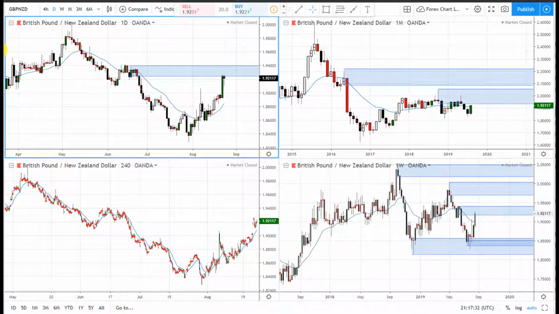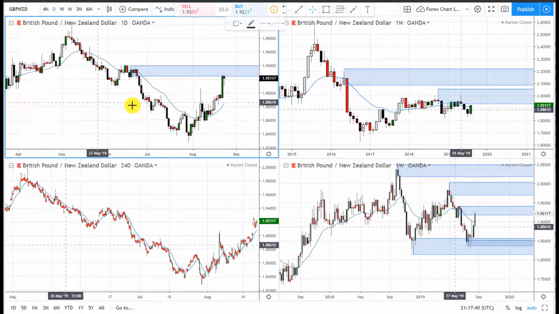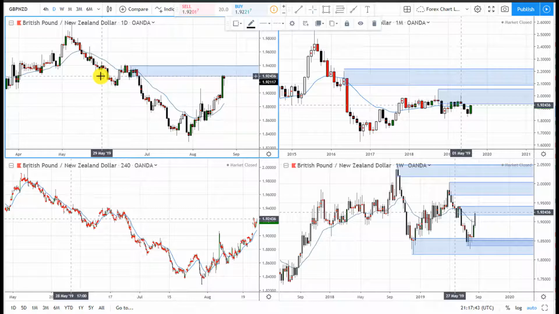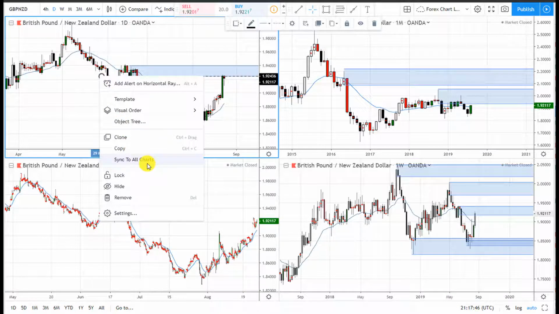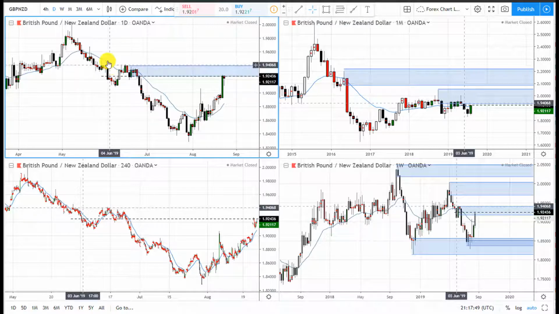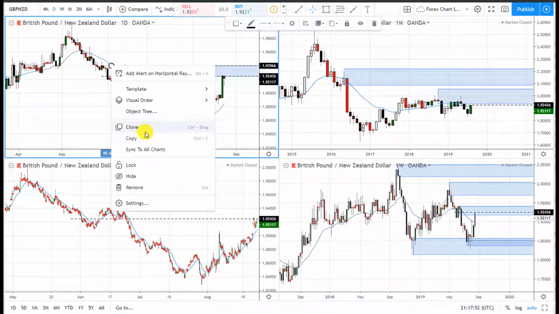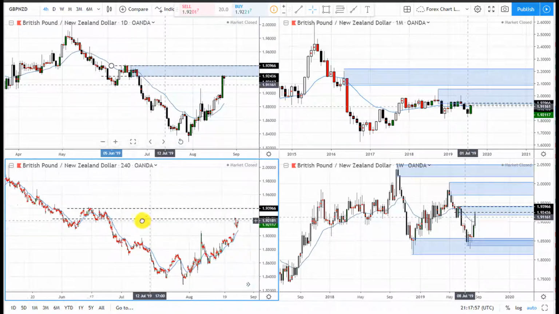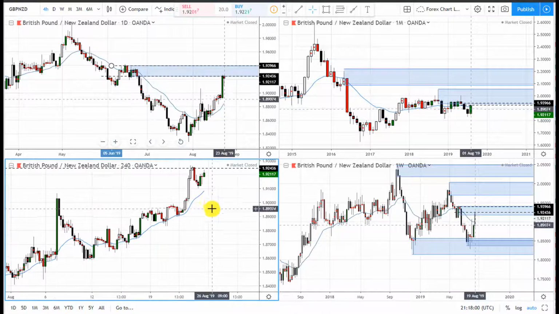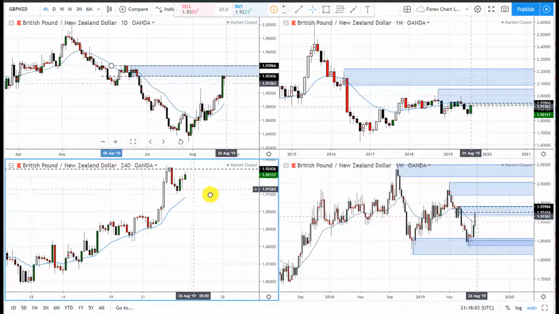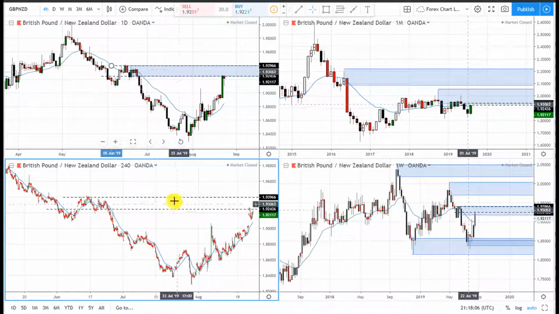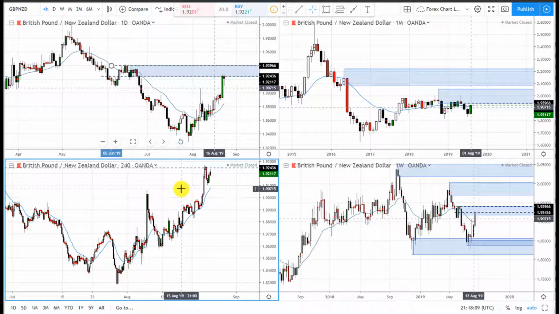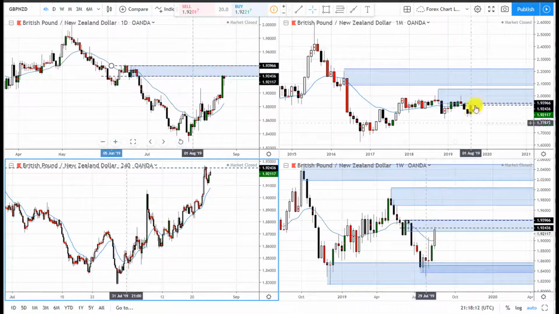So sometimes I like to, this is my charting platform, TradingView, do a horizontal ray and then sync it and do another horizontal ray, so that way I know that this zone is the same as this zone here on the 4 hour. So this zone here is the same as that, which is also the same as this and the same as this.